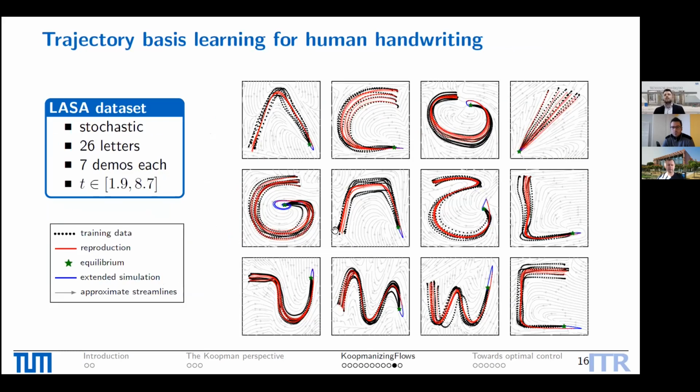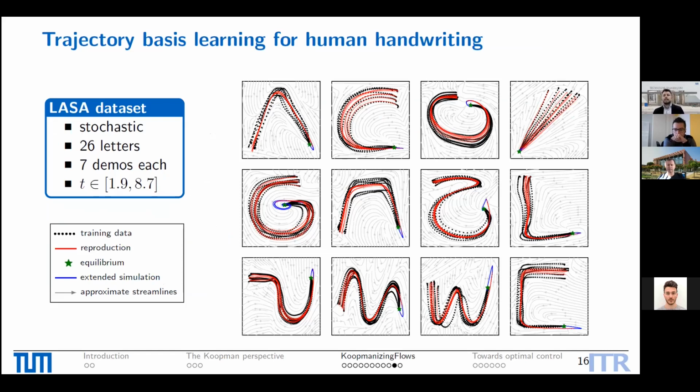To evaluate our method, we used a quite popular data set, very often used for comparing learning approaches for stable dynamical systems. This is the LASA data set, a data set of human handwriting.